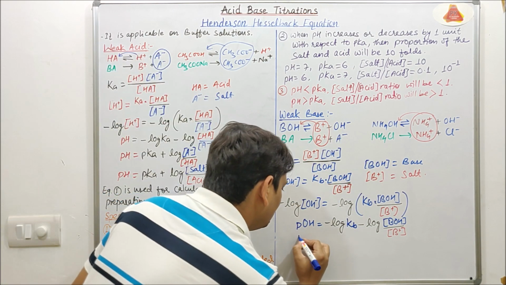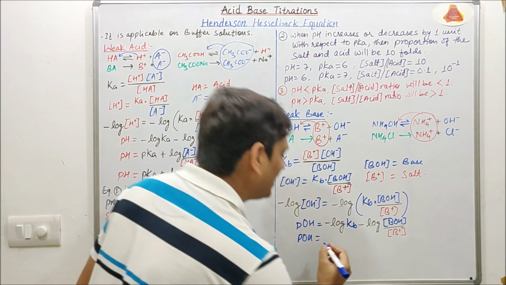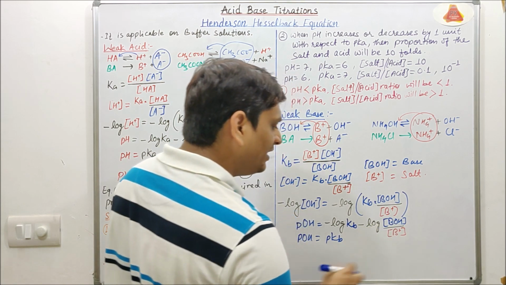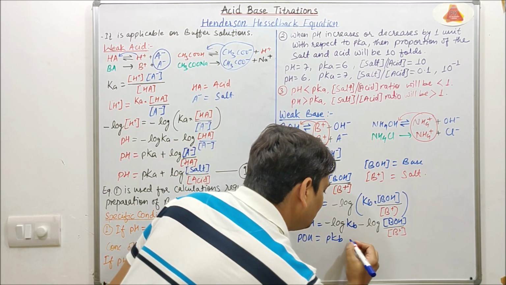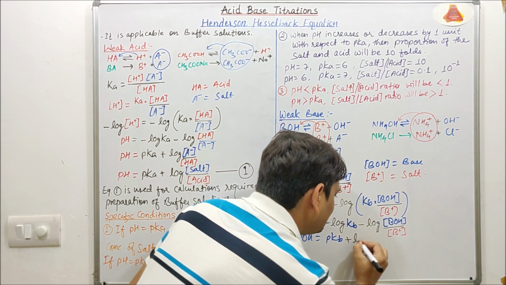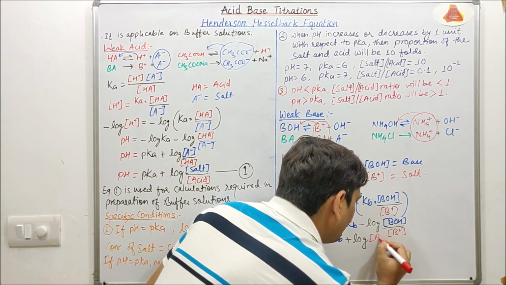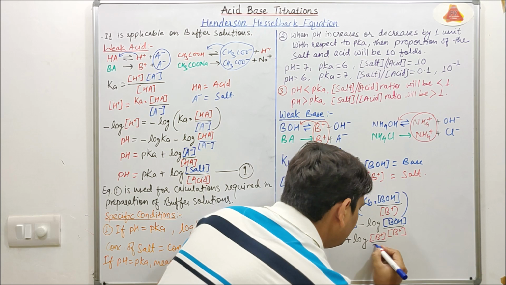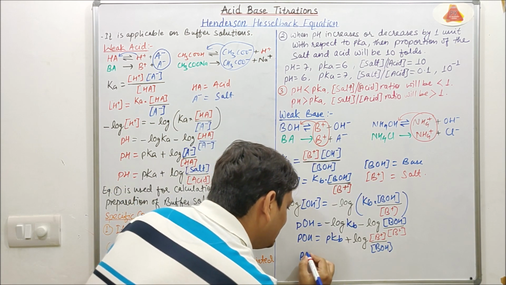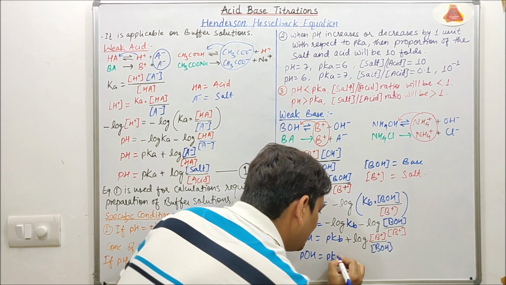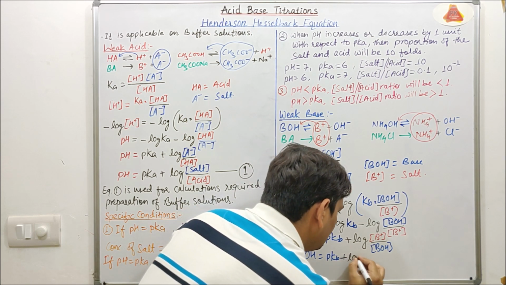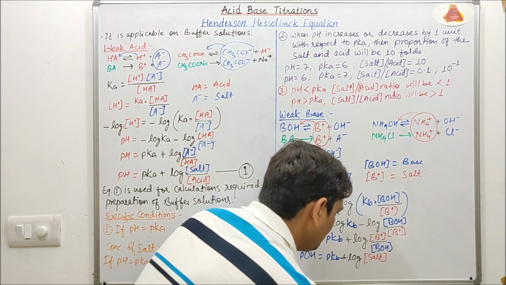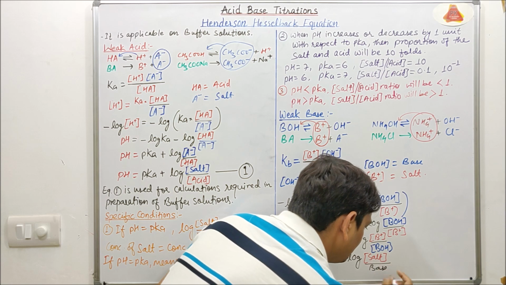And after that we get pOH is equal to minus log Kb, which is pKb, and a minus log BOH divided by B plus can also be written as plus log B plus divided by BOH. And this equation can also be written as pOH is equal to pKb plus log salt by base.